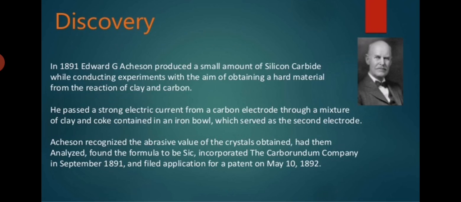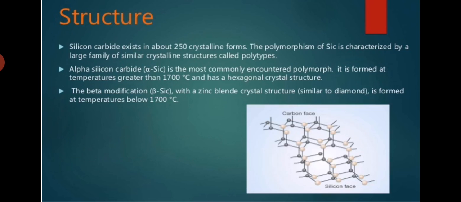So by that time this carborundum or silicon carbide is obtained. This is the structure. Silicon carbide exists in about 250 crystalline forms.